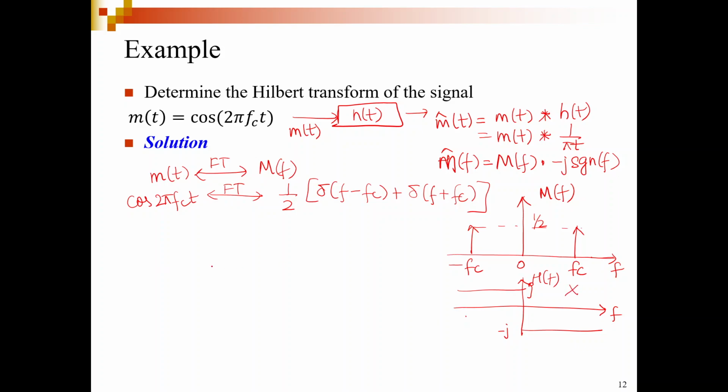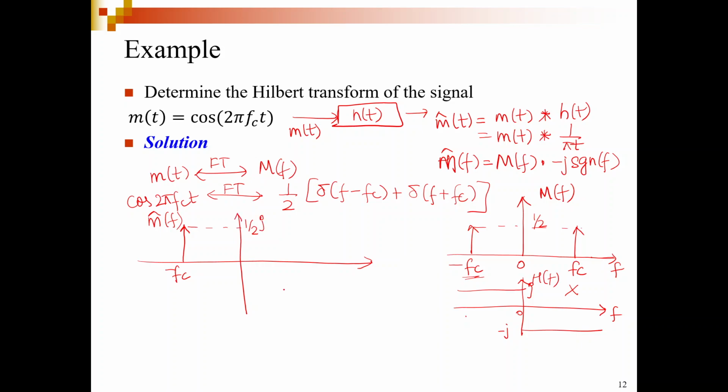Multiplying these two, we are going to obtain the resultant spectrum of m cap of f, what I'm plotting over here. Multiplying the component at minus fc with the Hilbert transform, it will still have the same position, that is a positive amplitude with half into plus j.